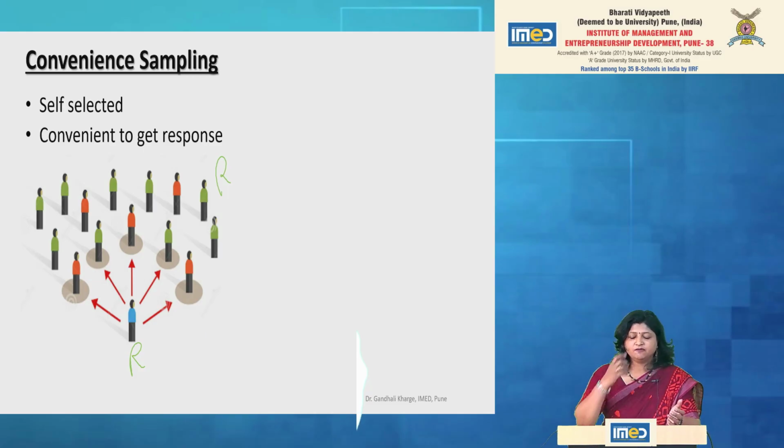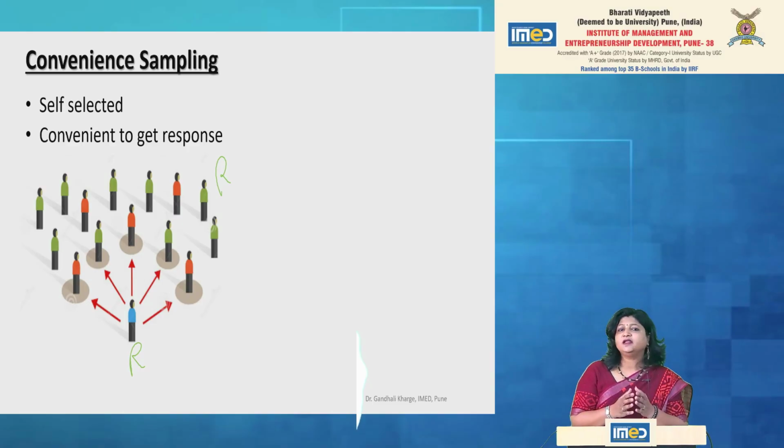For example, if I wanted to collect responses from 100 MBA students, I'll go to the students of my own institute to cover that number of 100.